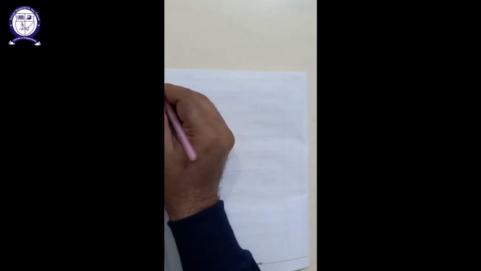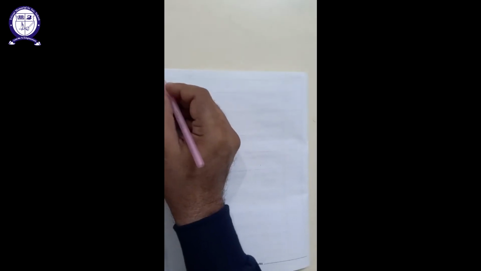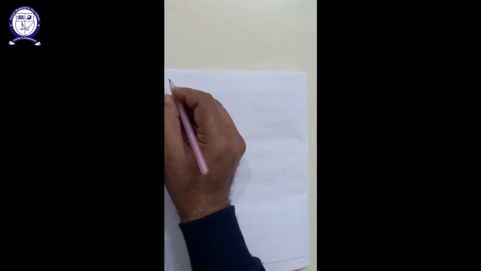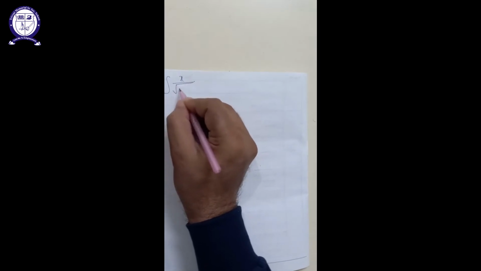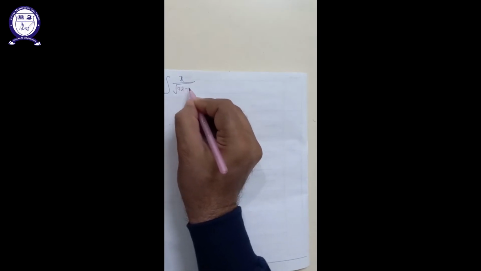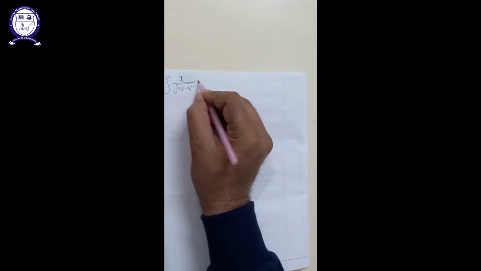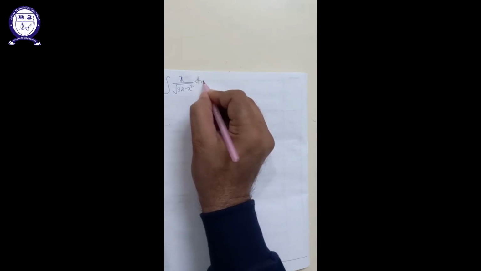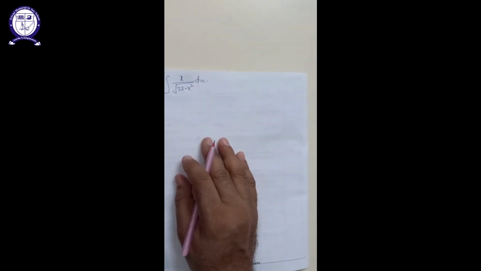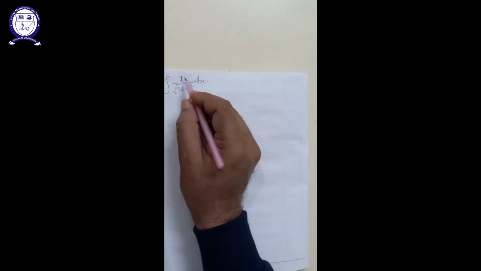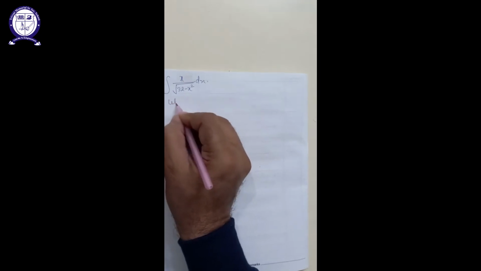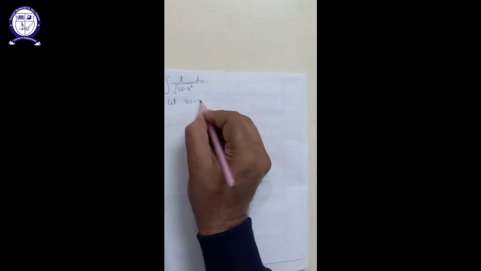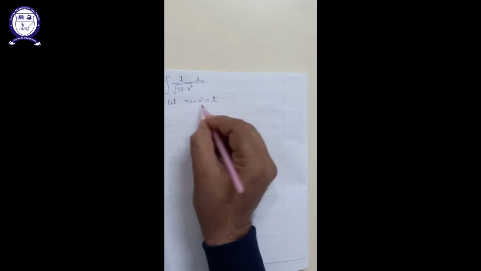The next question, third: integration of x upon root 32 minus x square. In this question, let 32 minus x square be equal to t.